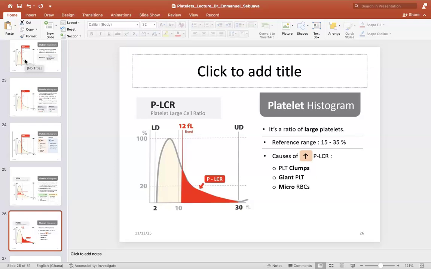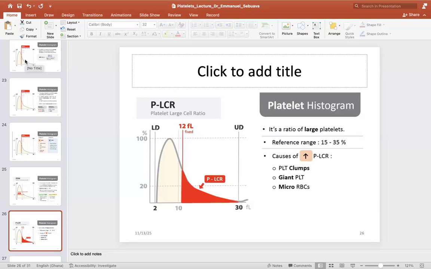There are times too in the general thrombopoiesis process, in the production of the platelets, that varying sizes of platelets are produced, like I mentioned in the previous slide. Now, there is the need to actually look at what portion of those platelets are larger than usual.